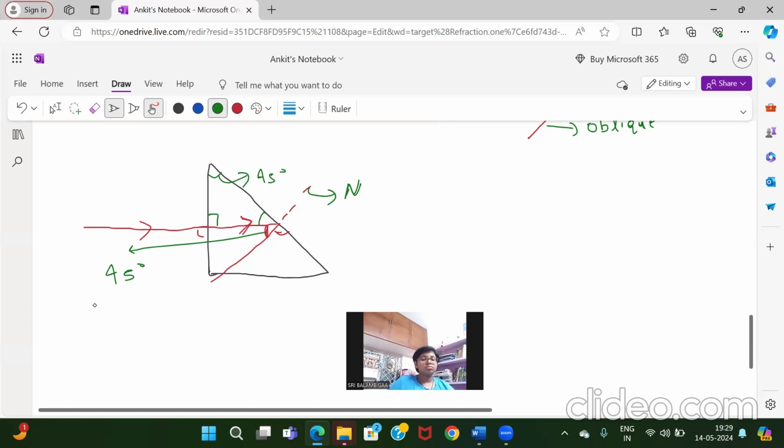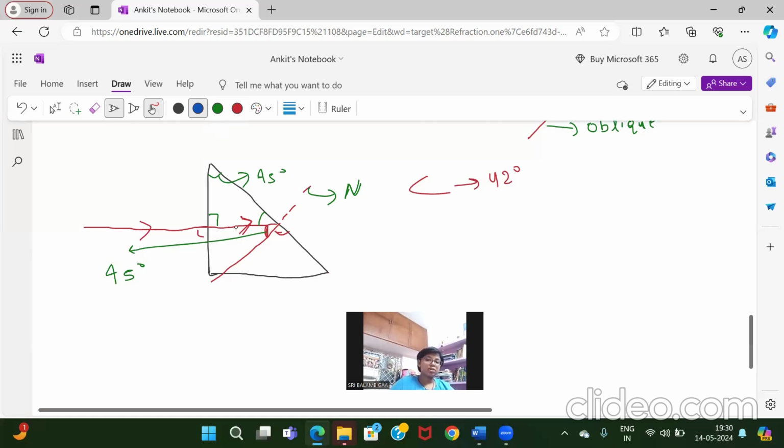Clear? Yes, sir. Now what is the critical angle? 42 degree. Now light is striking less than the critical angle or more than the critical angle?